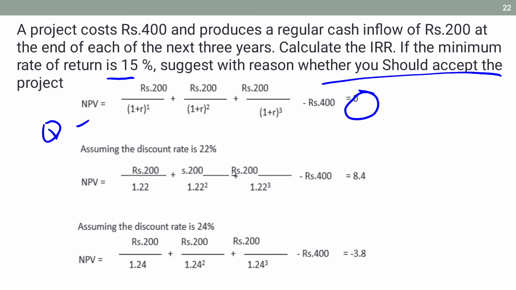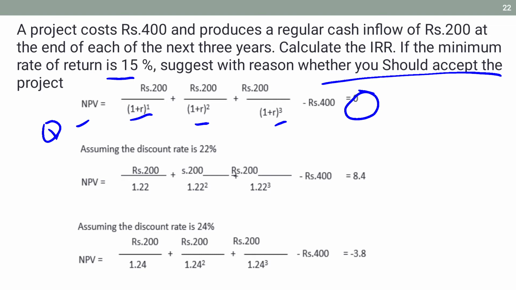Then here you have to find the value of R. So how can you find that? Simply we do trial and error method.